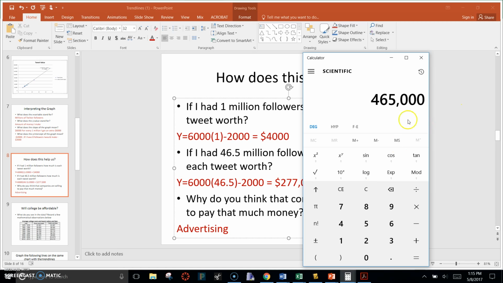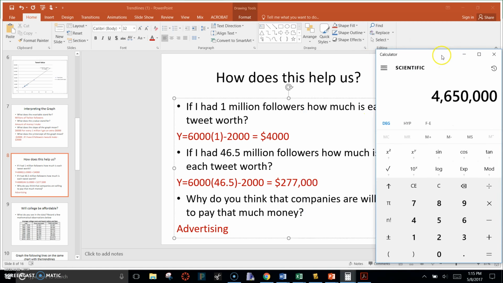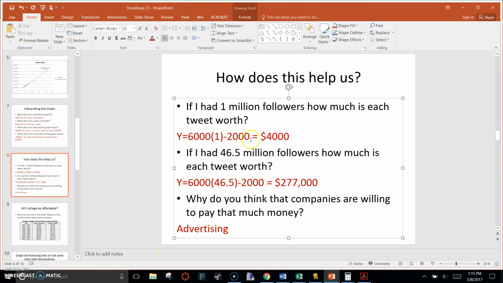Even if they made like $10 per person, that's 4.65 million that Nike makes if 1% of LeBron James's Twitter followers go out and buy it. That's a good deal for them.